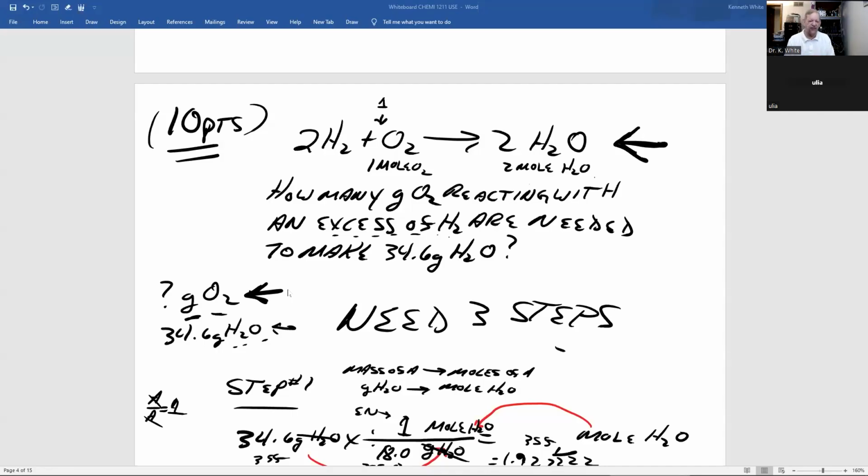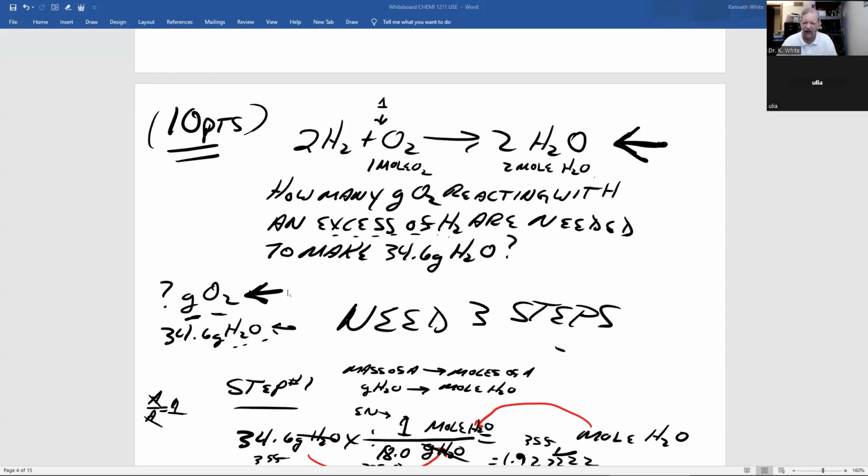Let's go through and talk about what we did again. Now, the original problem was 10 points. How many grams of O2 are needed when reacting with excess hydrogen to make 34.6 grams of water?